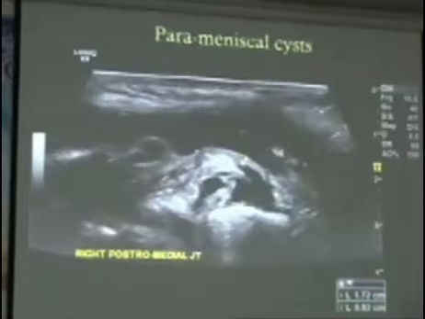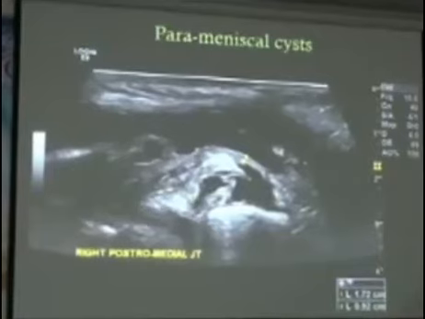And you can see here that there's quite a bit of degeneration occurring in there, and this patient was having pain when they flexed their knees. So what was happening with the flexion, this was getting caught and causing the patient's pain. And it's common that these things have a one-way valve type mechanism.